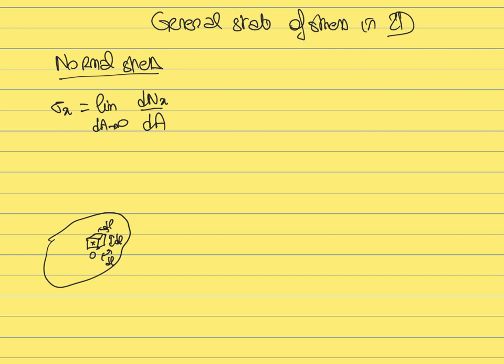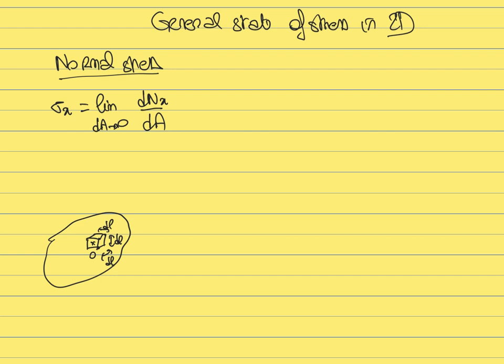So we take the limit as the cube becomes infinitely small, infinitely close to zero. That way, the definition does not depend on the size of the cube anymore. So that's a mathematical definition that allows us to robustly define the stress.